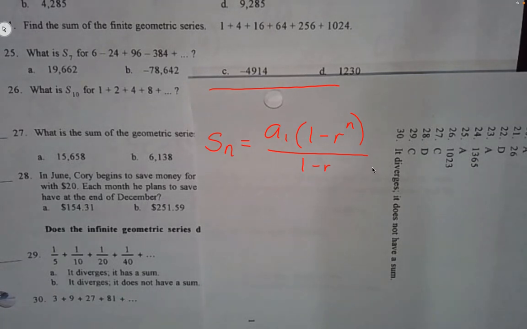What are you multiplying by? Negative 4. So be careful. Make sure you put that in parentheses. And then the n would be 7, that's what I'm trying to find. Your n is 7, they tell you.